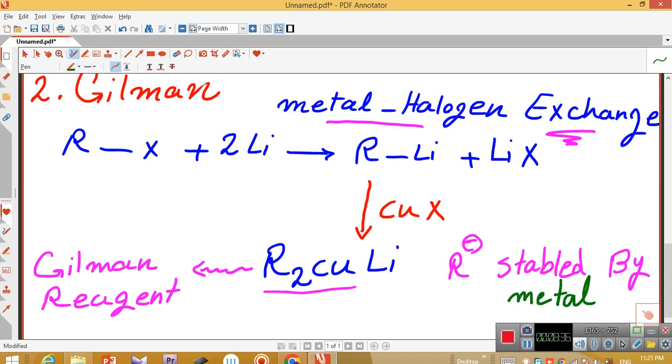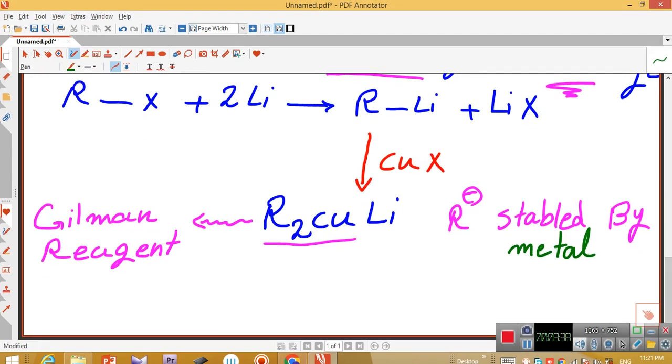So by giving charge to that, it will become a little unstable. So by coupling to copper, this reagent will be more stable. Okay, I will explain all of that later.